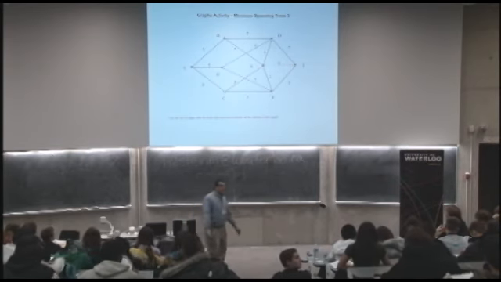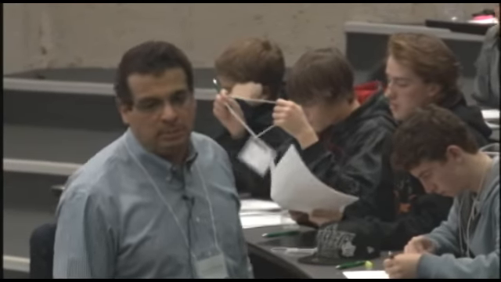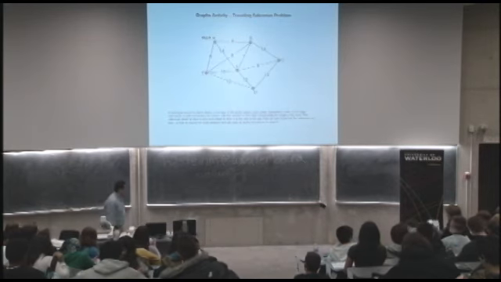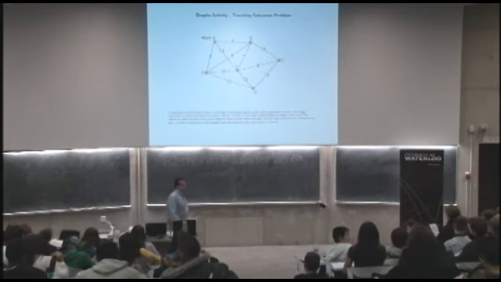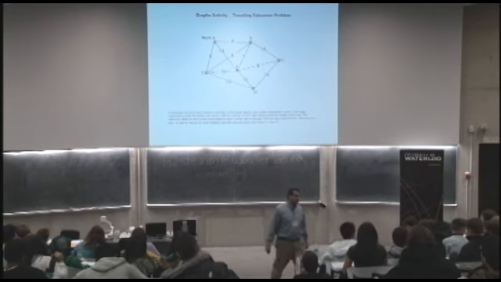And then the last slide I wanted to show is a different kind of problem. So we talked a lot about this minimum spanning tree problem. And minimum spanning tree is not the only problem you can solve with a graph. So here is another interesting and very well-known graph problem, which is called the traveling salesman problem.